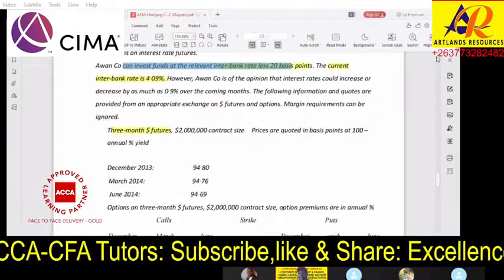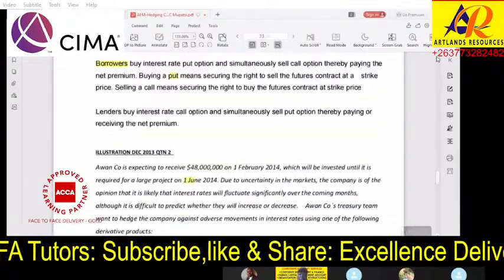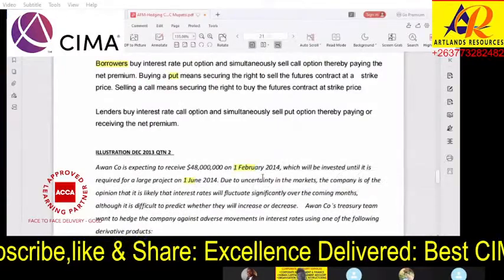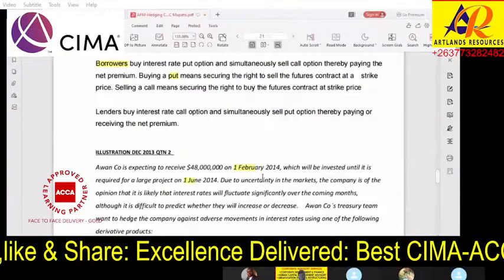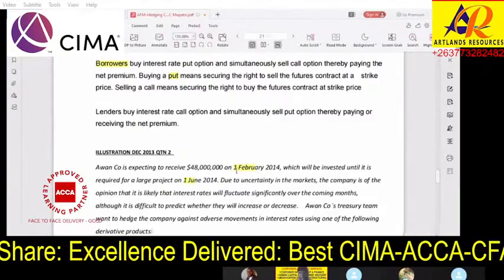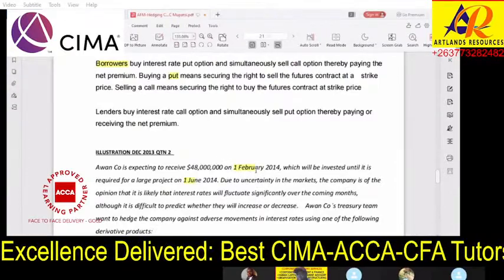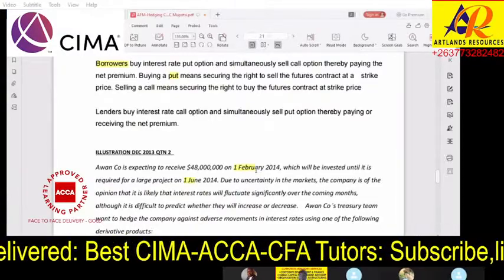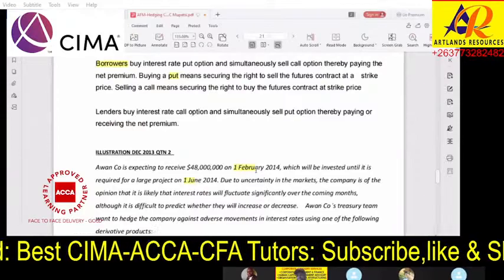So investment is to be made on 1 February. This time we're not getting a loan, we are going to invest. So we are exposed to interest rates between now, which is 1 November, to 1 February.